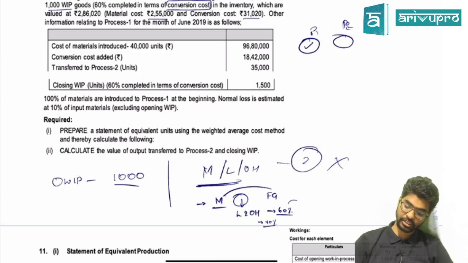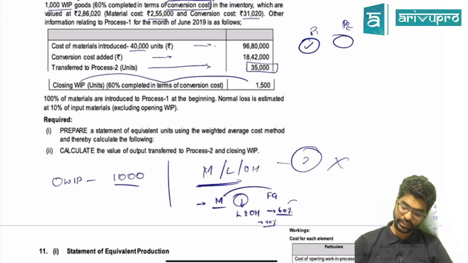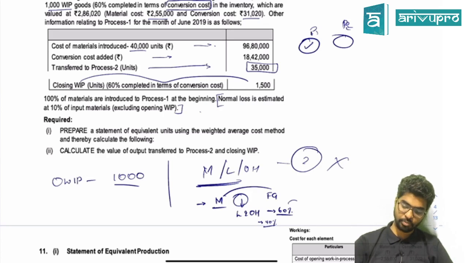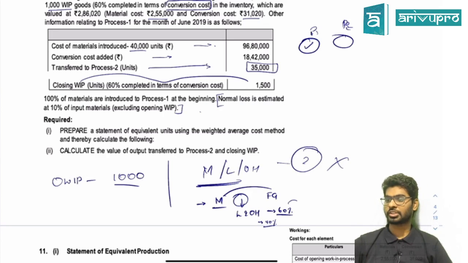Other information: cost introduced during the year, 40,000 units is the current year, conversion cost, number of units transferred, closing WIP. I told you guys step 1, the 100% were material at the beginning, normal loss is input of 10%.